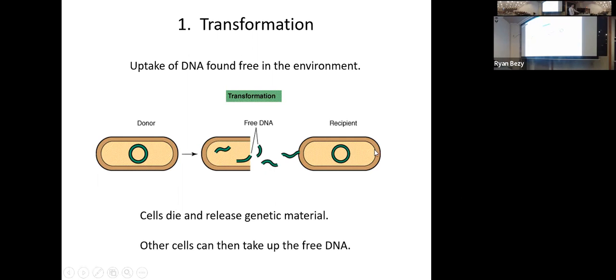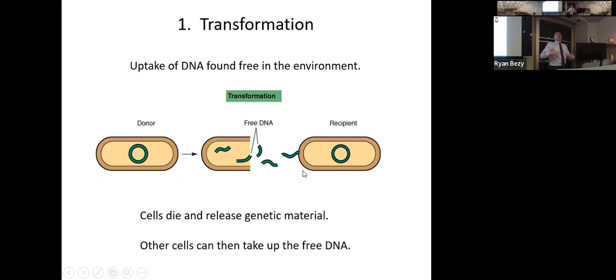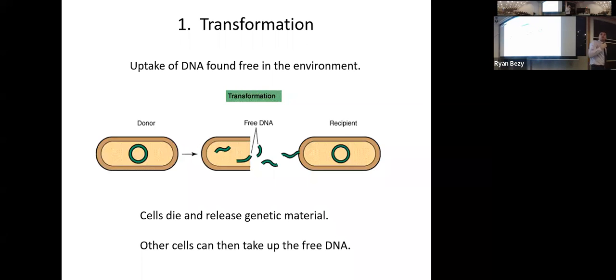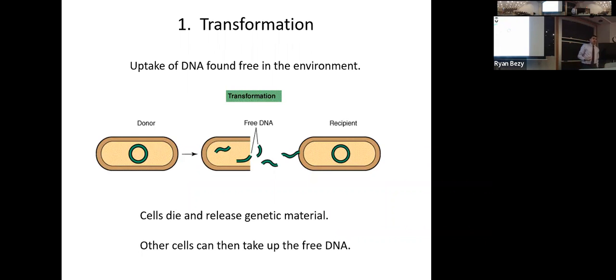Well, some little recipient cell comes along, and if it's capable of transformation, then it can take up that DNA, and sometimes it can incorporate that DNA into its chromosome. So it picks up the genes from this DNA fragment and then starts to use those genes for itself as well. So the recipient cells come up and take up that free DNA.